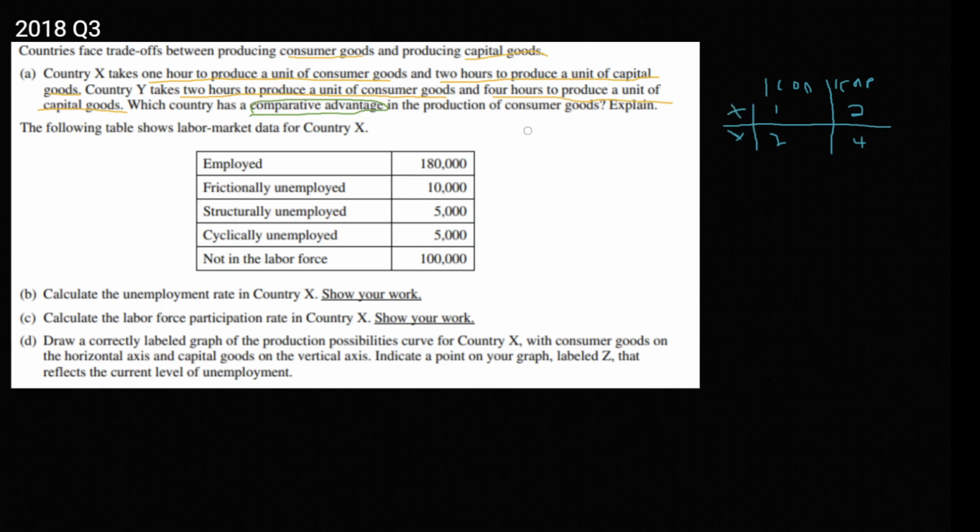Because the ratio is the same, we could say that there's actually no country with a comparative advantage.